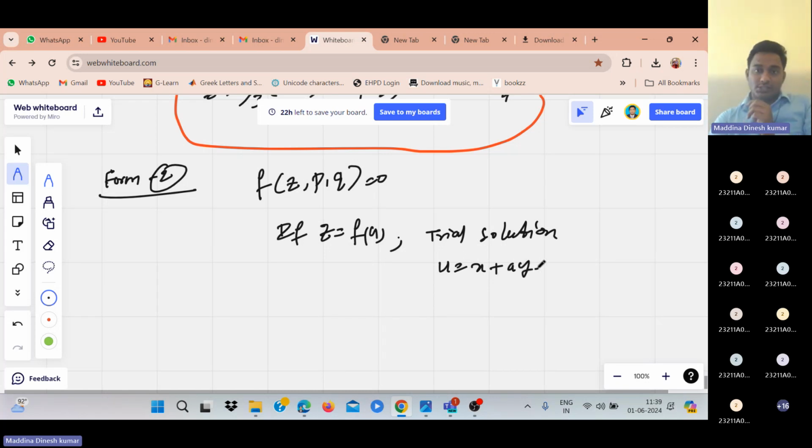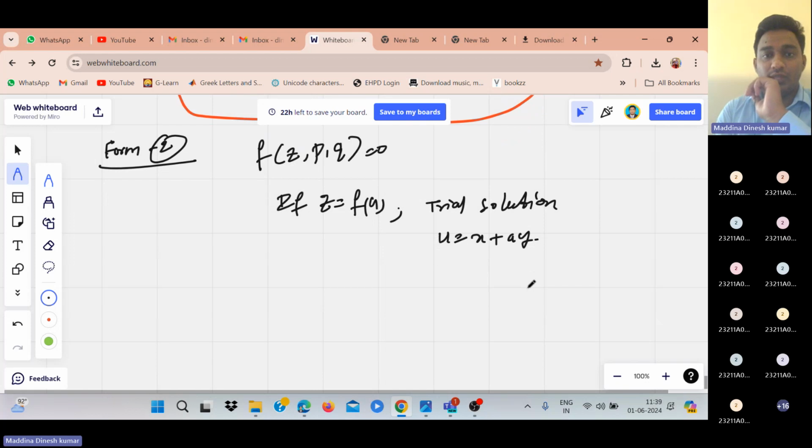Okay, it is a methodology to solve this type of problem, form 2 problems. Suppose the given PDE is only in terms of p, q, and z, then we assume that z is a function of u, and for u the trial solution is u equal to x plus a y.